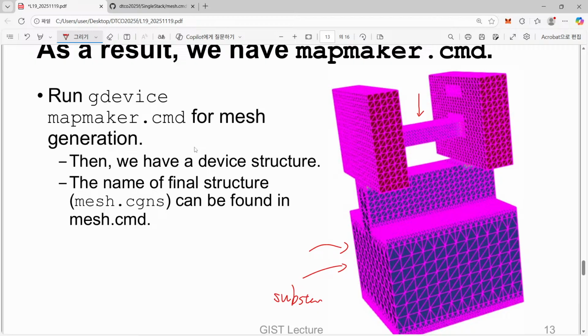This one is divided with a very fine grid. And here we have a source and drain. I think that he introduced a relatively coarse grid, coarser than this silicon stack, but it is finer than the substrate.